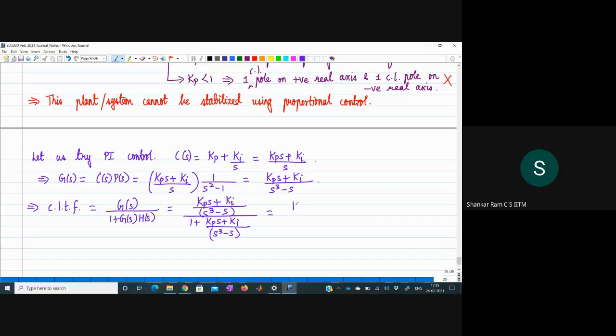If I take the LCM once again, I will have Kp s plus Ki divided by s cubed minus s, then s cubed minus s plus Kp s plus Ki divided by s cubed minus s. So we cancel off s cubed minus s. What are we left with? We are left with Kp s plus Ki divided by s cubed plus (Kp minus 1)s plus Ki.